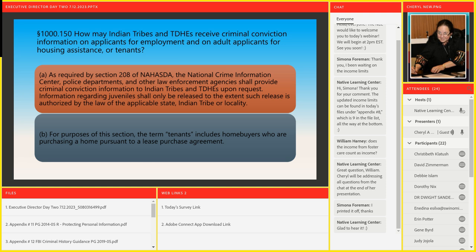So under 150, how can Indian tribes and TDHEs receive criminal conviction information on applicants for employment and or adult applicants for housing assistance or tenants? So as required by the statute, the National Crime Information Center, police department, other law enforcement agencies shall provide criminal conviction information to Indian tribes.